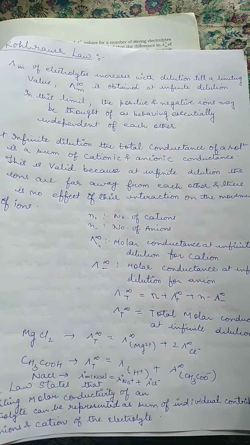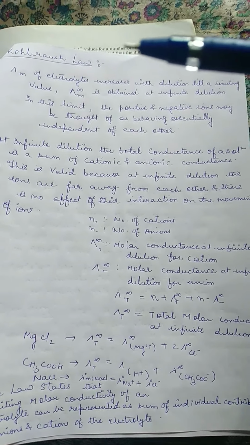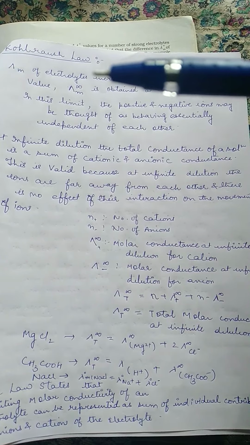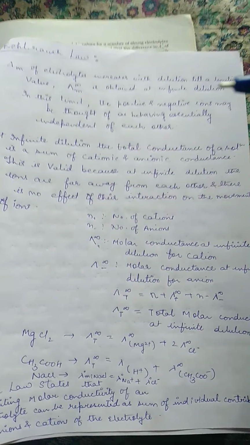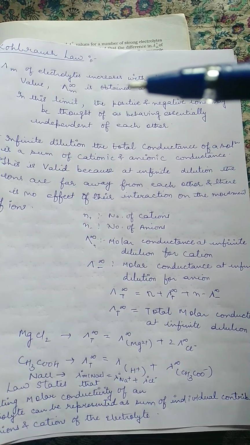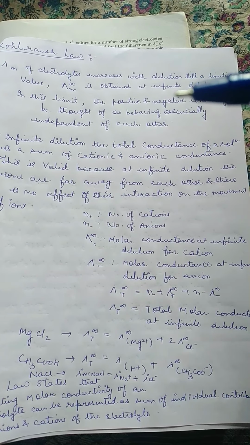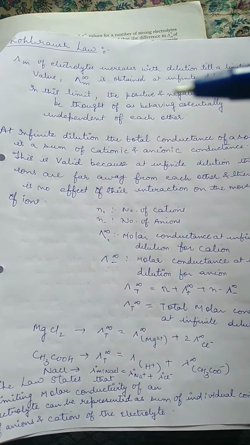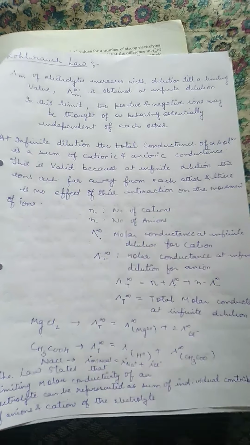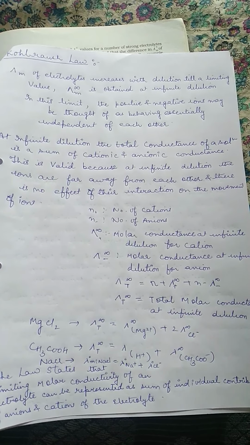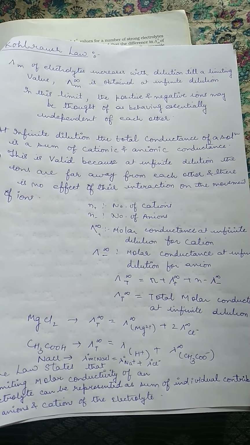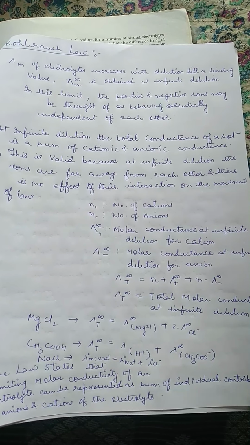So let me describe in brief. Λm of an electrolyte increases with dilution till a limiting value of Λm at infinite dilution is obtained. In this limit, the positive and negative ions may be thought of as behaving essentially independent of each other. At infinite dilution, the total conductance of a solution is a sum of cationic and anionic conductance. This is valid because at infinite dilution the ions are far away from each other and there is no effect of their interaction on the movement of ions.